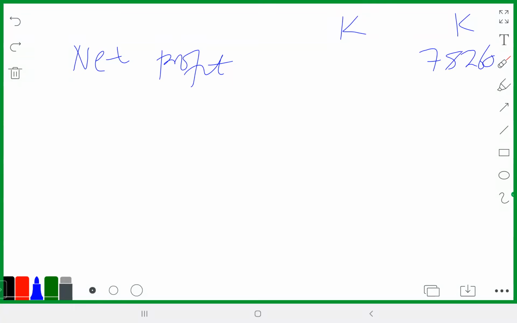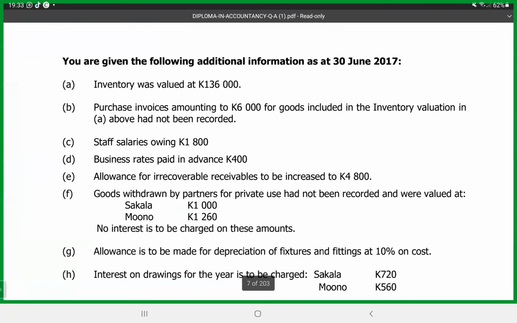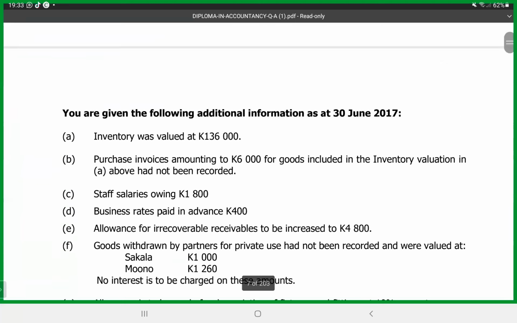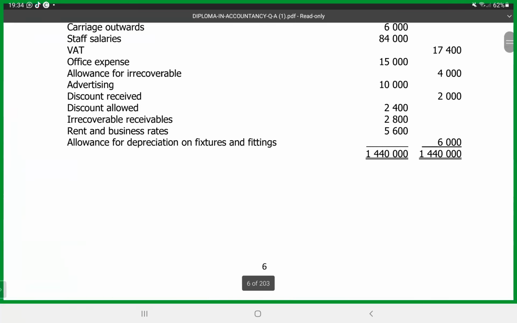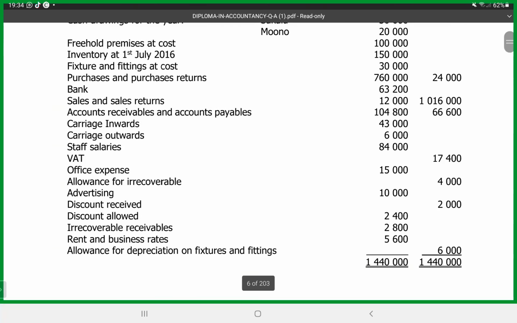Now, to this net profit, what did we say in the format? We're supposed to less the interest on loan, if at all there is any interest on loan. So I have to check whether we have the interest on loan.